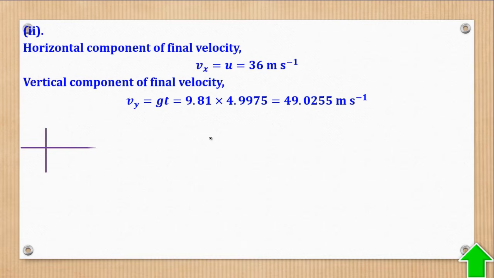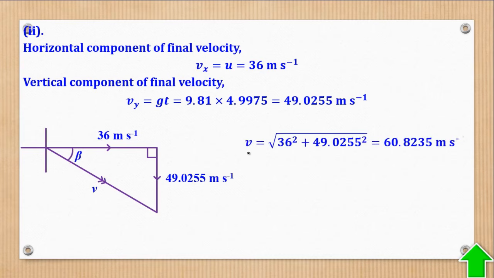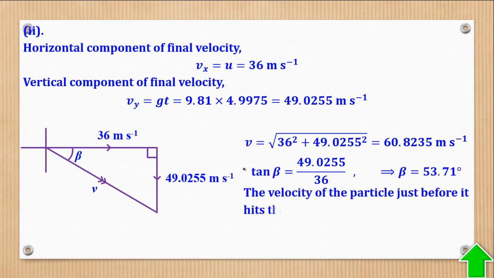Positive horizontal is to the right. Then vy, because we are under horizontal projection, it will be downward, though it is positive. Then from start to end, that will be our resultant. So you can use Pythagoras theorem to get the value of v, and also use SOHCAHTOA to get the value of beta. And that's what they wanted.